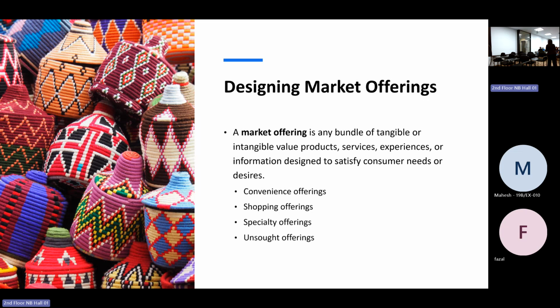Right? So then you can write down the topic: types of market offerings. Under that, first one, convenience.